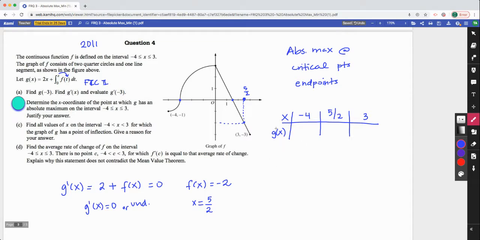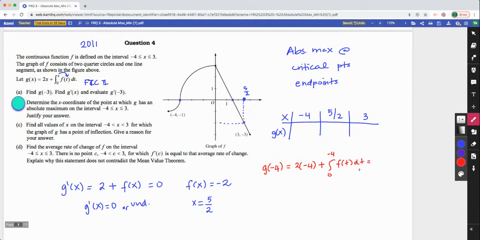Okay, let's go ahead and find the function values at those points, and then we can understand which one is going to be our absolute maximum. First of all, I am going to start with g of -4. G of -4 is going to be 2 times -4 plus the integral from 0 to -4 of f of t dt.